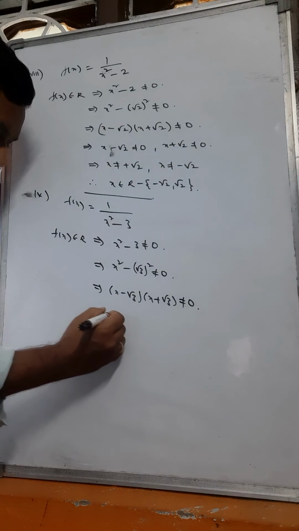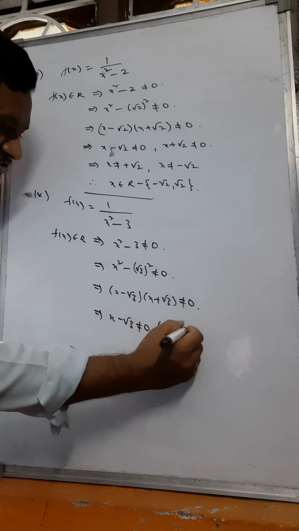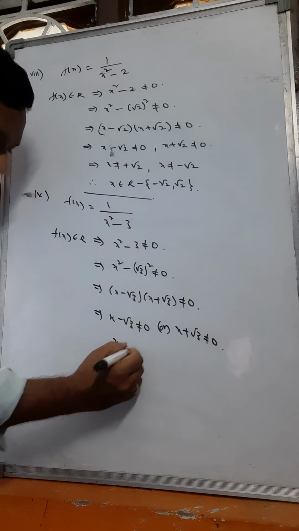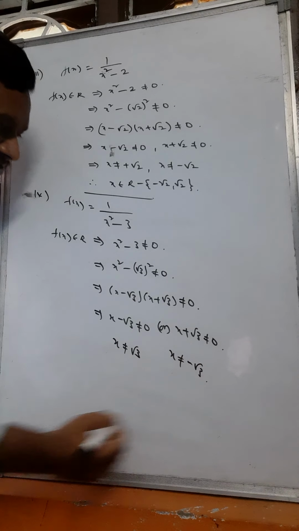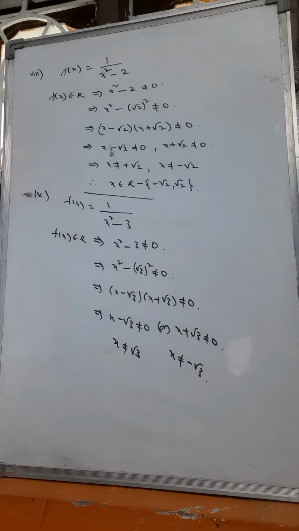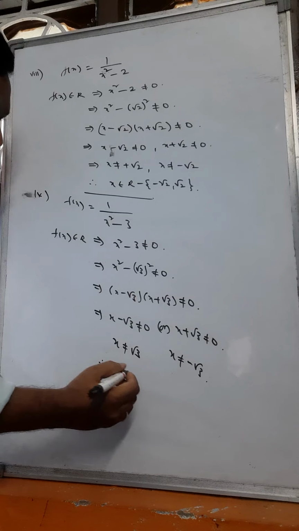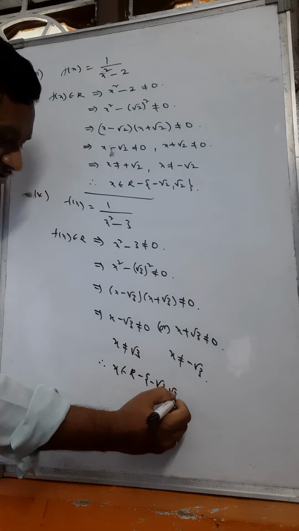So that means x minus root 3 is not equal to 0 and x plus root 3 is not equal to 0. X is not equal to root 3 and x is not equal to minus root 3. So therefore all the real numbers except minus root 3 and root 3. So x belongs to R minus {minus root 3, root 3}.